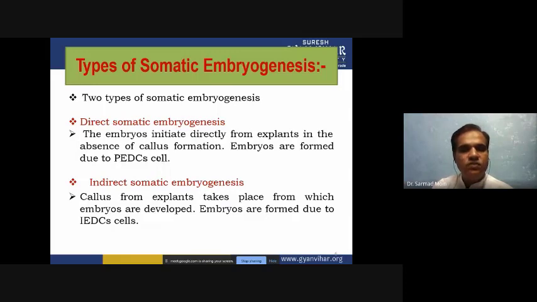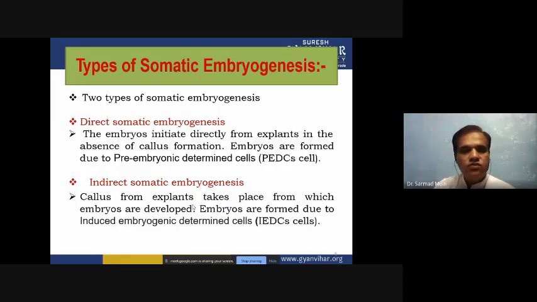The first one is direct somatic embryogenesis, and the second is indirect somatic embryogenesis. When we produce somatic embryos directly from somatic cells without callus formation, we call it direct somatic embryogenesis.